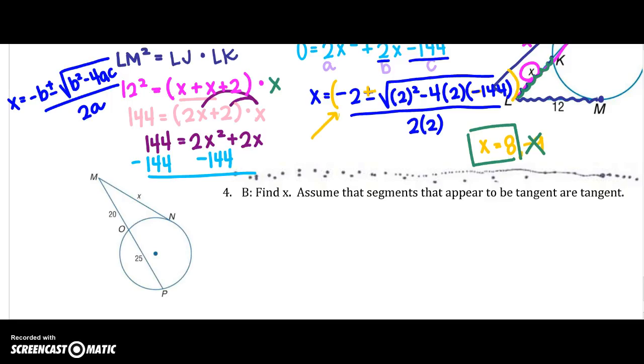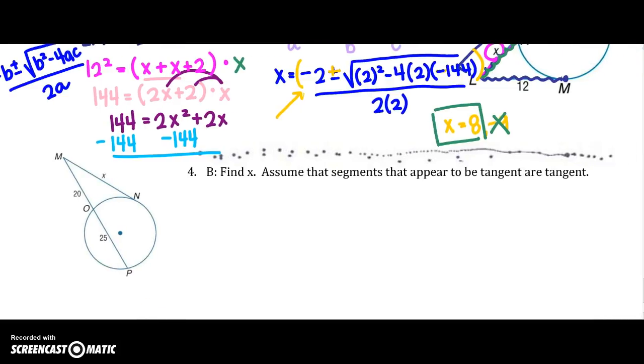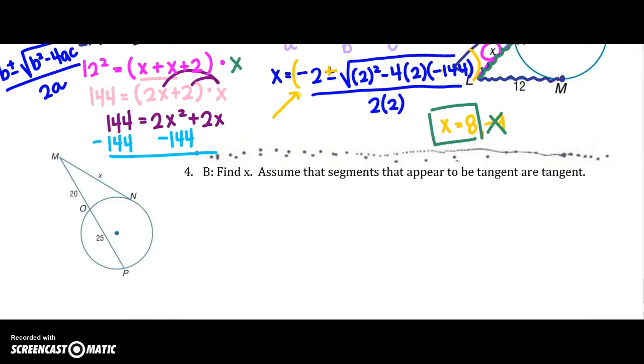Alright, let's try one more example using our equation. So we're going to say our tangent squared, so MN squared equals my whole segment, MP, times my exterior, MO.